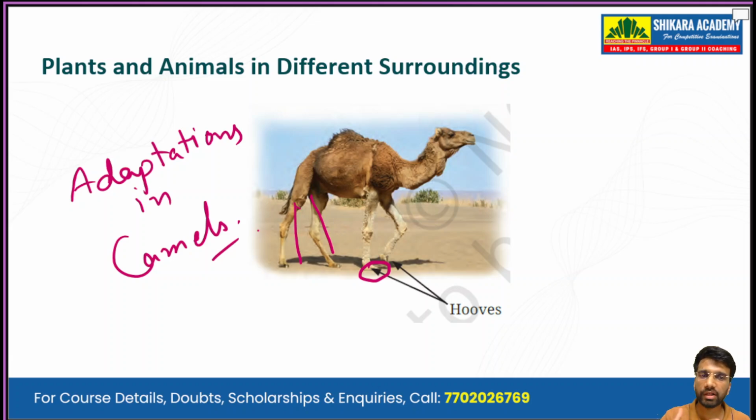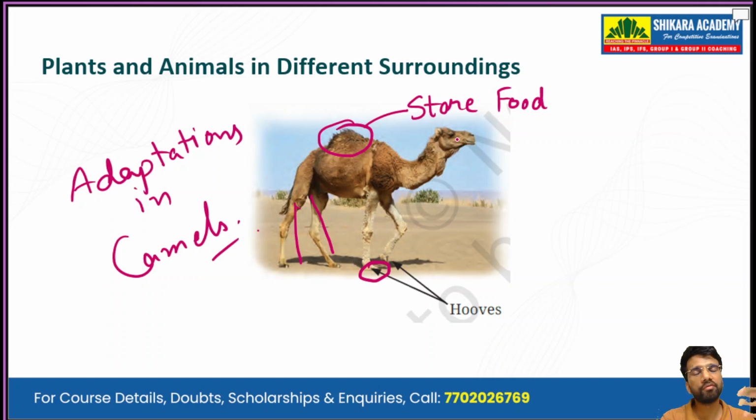Camels found in hot deserts have one hump that helps them to survive during the scarcity of food. Camels store food in the hump, which helps them to depend on their storage in times of scarcity of food.